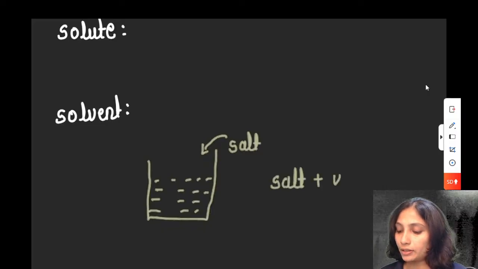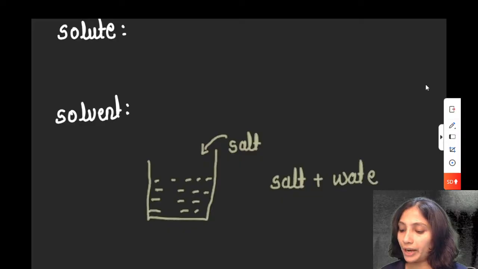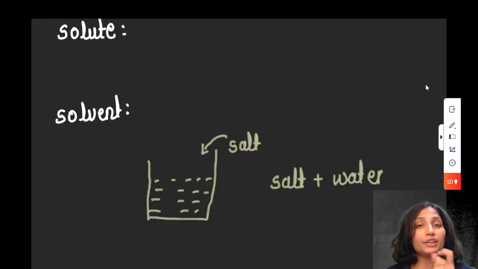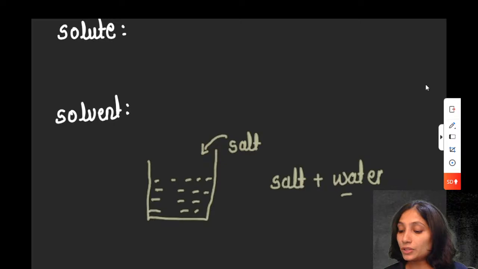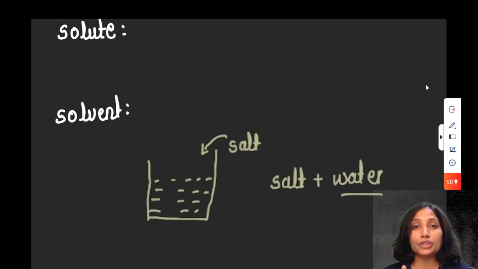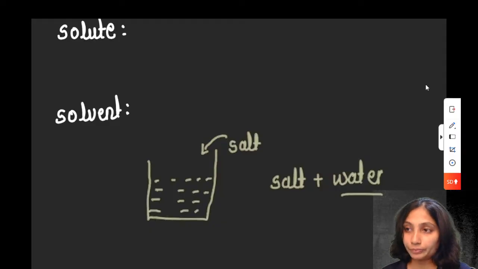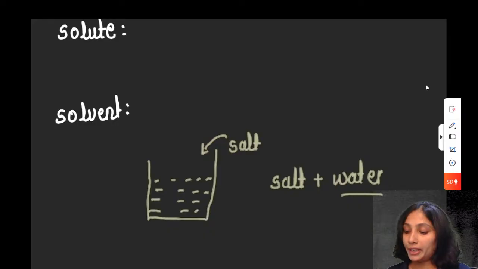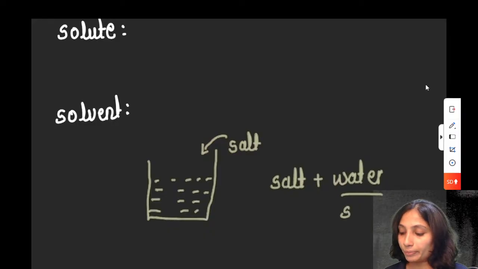Salt plus water to make a salt solution. Among salt and water, which one is present in larger quantity? Obviously it is water. We take water in larger quantity and salt is added in less quantity, right? That water, the component which is taken in large quantity, is called the solvent.